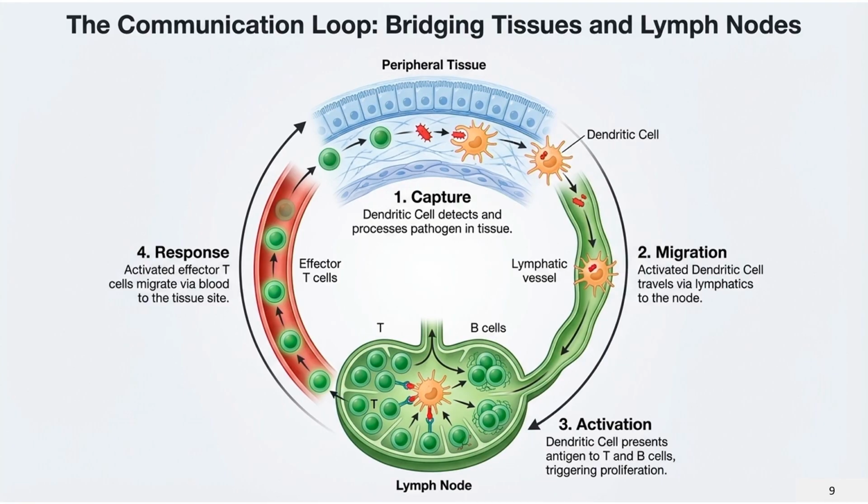So looking into the loops and trying to link all that we have discussed till now. What's happening is basically, when there is a pathogen entry, the pathogen is engulfed by these antigen presenting cells or macrophages. And we can also say these are dendritic cells, because they have dendrites which come out from the surface to help capture the pathogen. These slowly migrate and pass on to the next level, and this travels to the nearest lymph node.